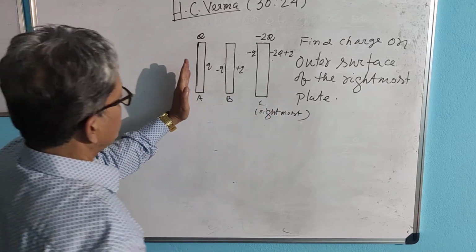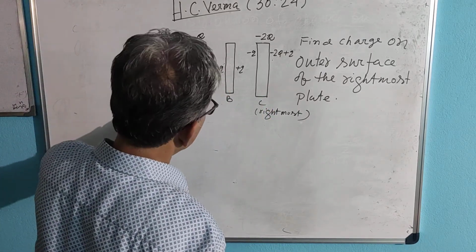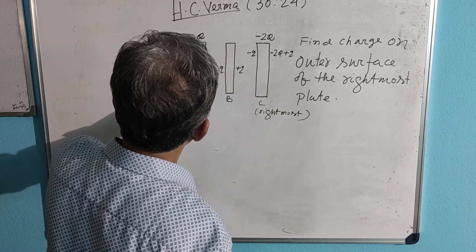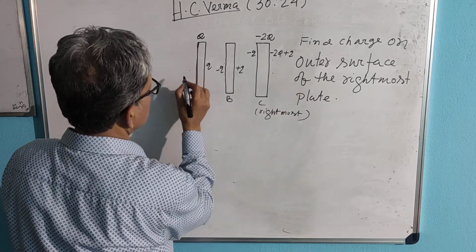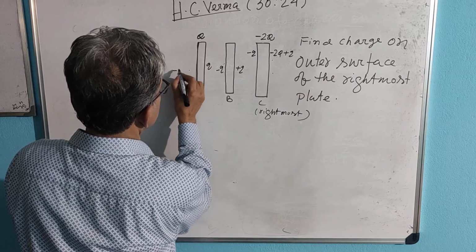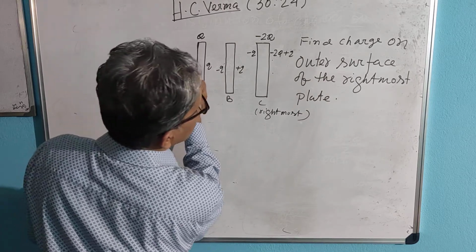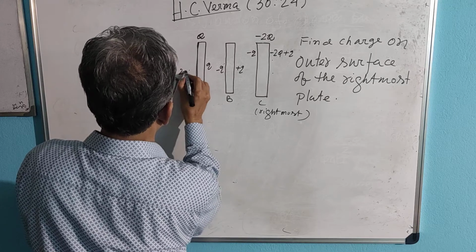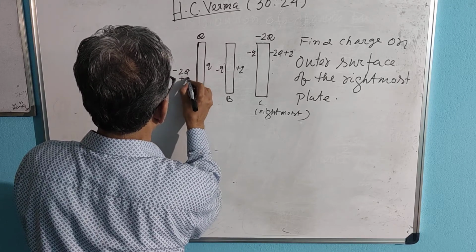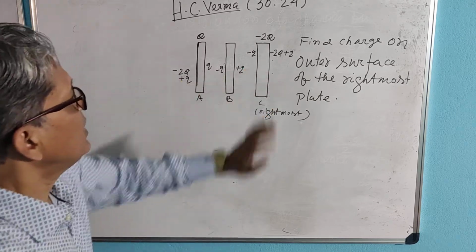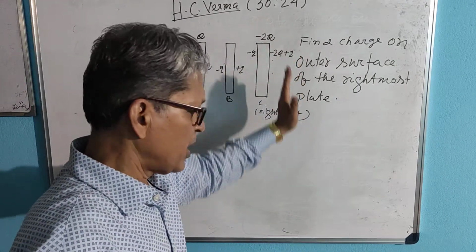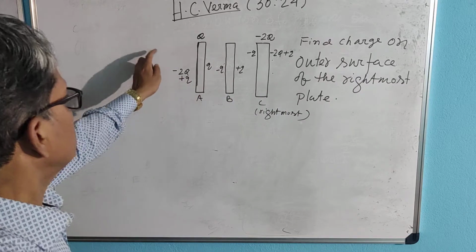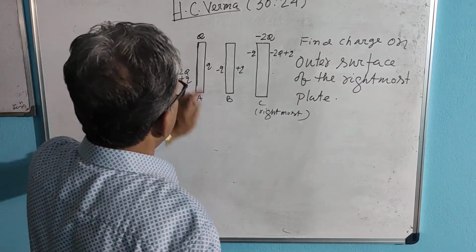Then the left surface of this plate: these are both outermost surfaces, so what will be the charge? Minus 2Q plus Q. It will be equal by the principle, by thumb rule.